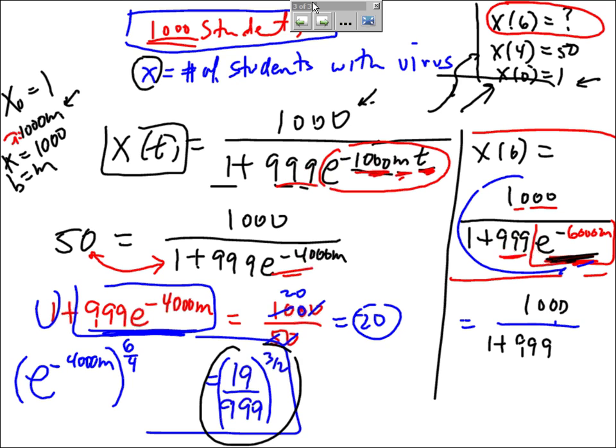Which is that number? 19 over 999 to the 3/2. If you crank that out, you will get approximately 276 students will have the virus or will be infected with the virus after 6 days. One can say that's quite contagious. I wouldn't go against that.